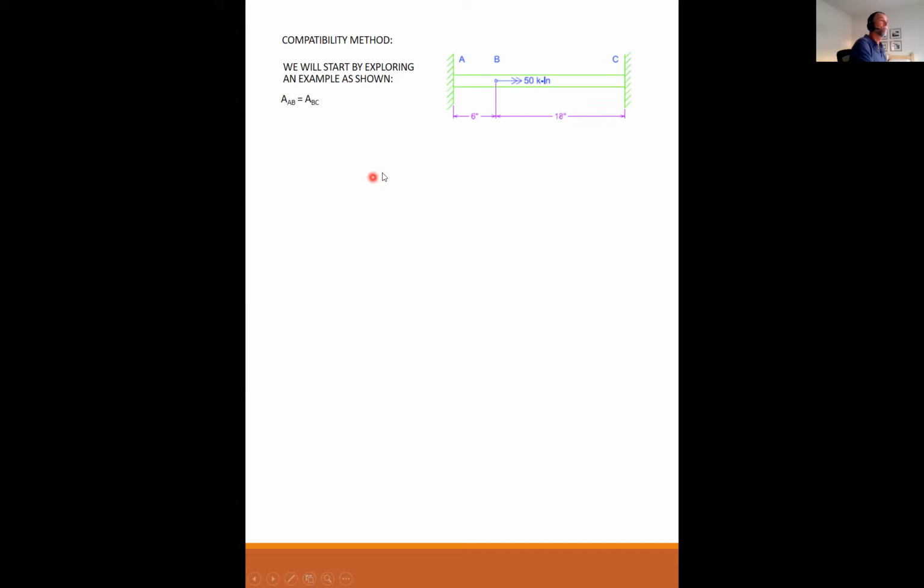In this example, the area of A to B is equal to the area of B to C, 2 inches squared. Modulus of elasticity is 29,000 ksi for steel. And the goal is to find the torsional reactions at each end and the torque in each segment.